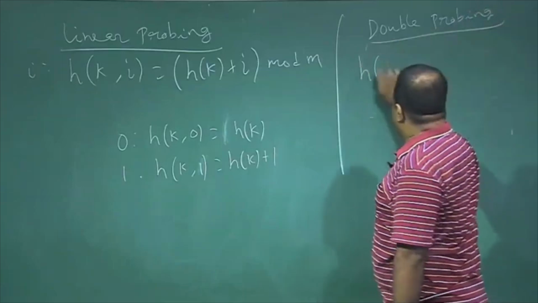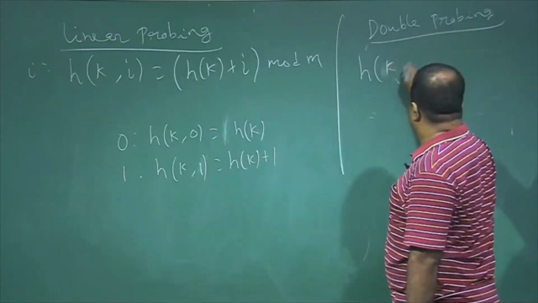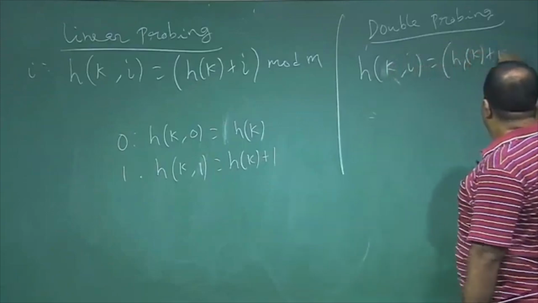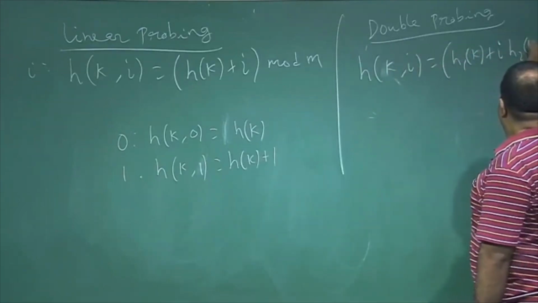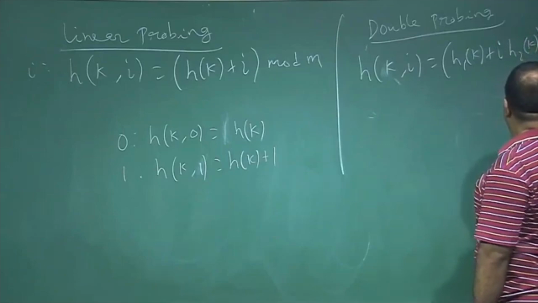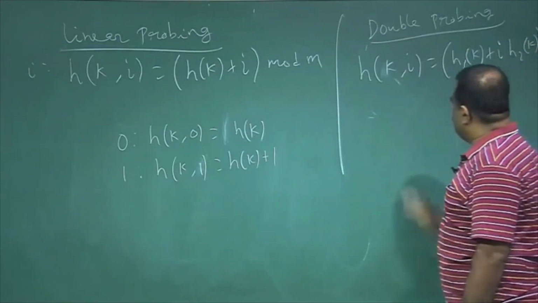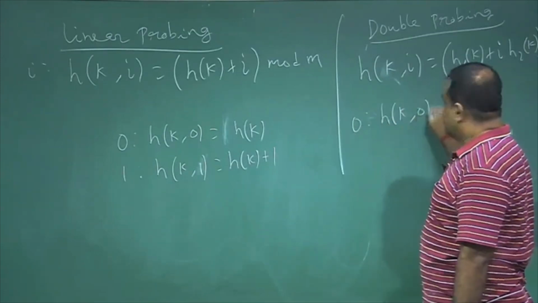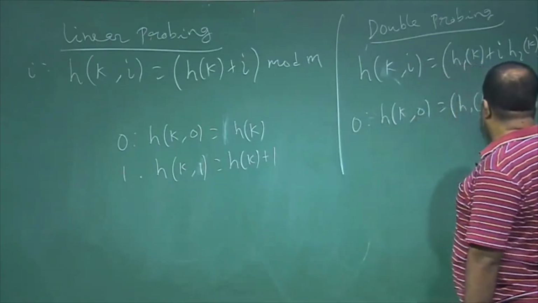In double probing, this is the ith probe. We have two hash functions, and we take mod m. For the 0th probe, we are just calculating h1 of k.